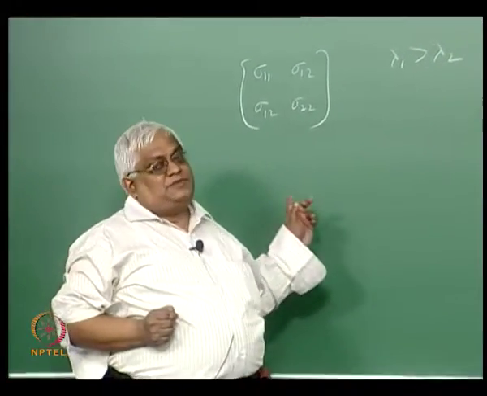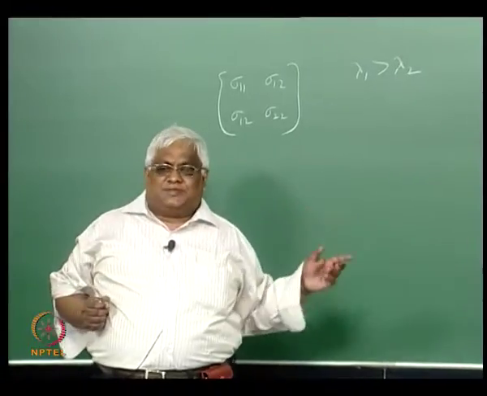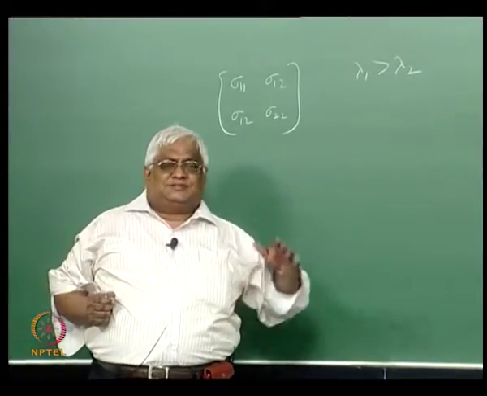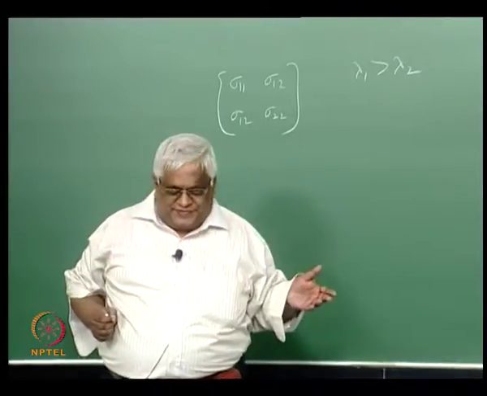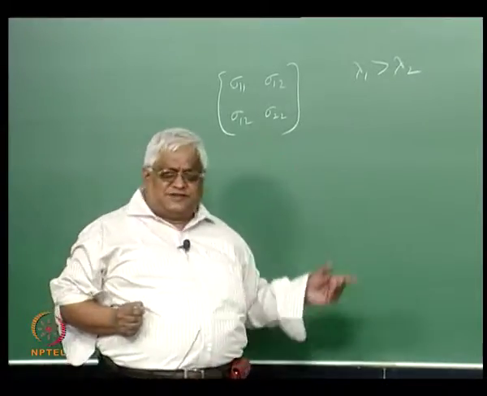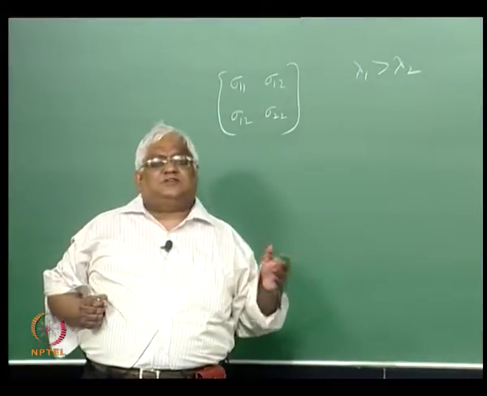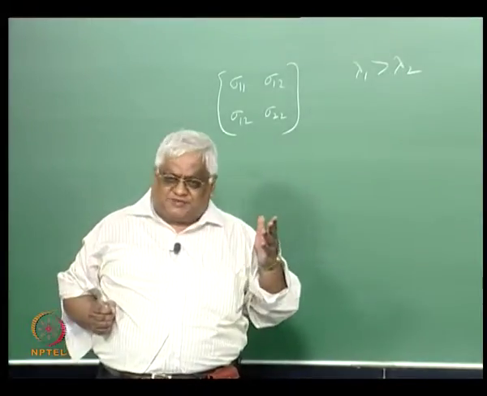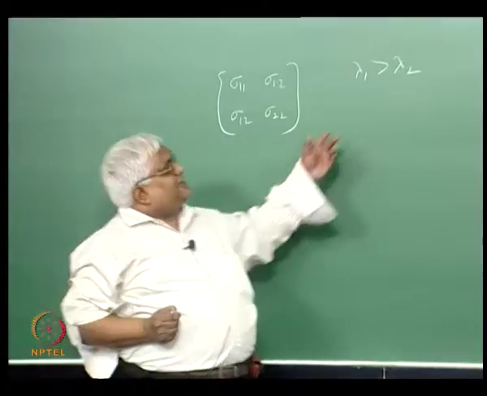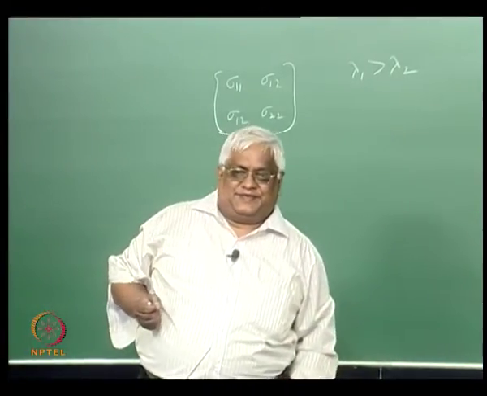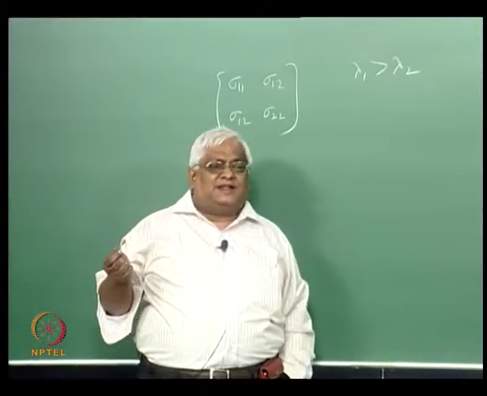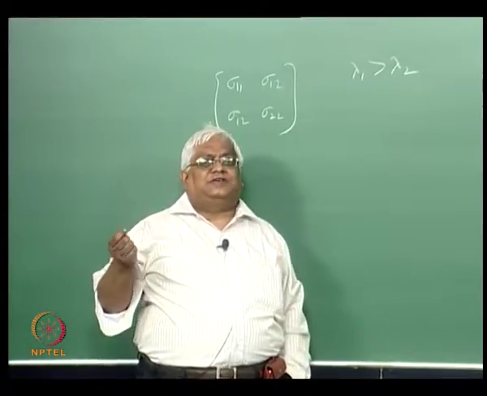Since this matrix will be of rank 1, the determinant is 0. Since the determinant is 0, the product of the eigenvalues should be 0. Since this is a non-negative definite matrix, both the eigenvalues have to be greater than or equal to 0. So, the second eigenvalue has to be equal to 0. So, if the variables are linearly related, then the second eigenvalue is equal to 0.